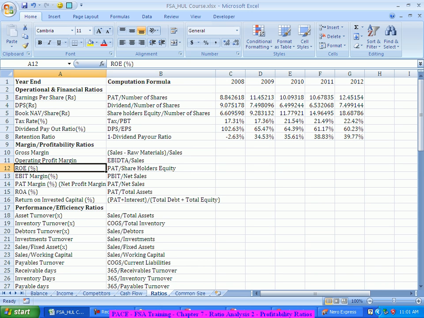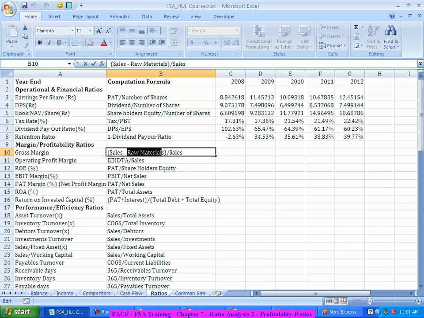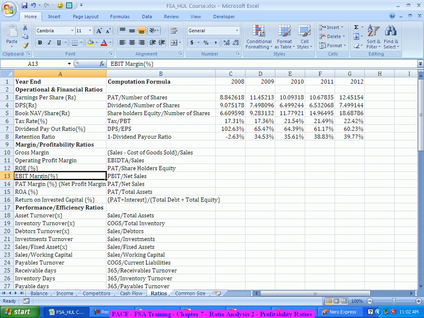Whereas here gross profit margin is sales minus, instead of raw materials, I'll call it cost of goods sold, which is the material, divided by the sales. Here whatever we are talking of sales is the net sales. And so when I say EBIT, from that EBITDA I simply subtract depreciation.